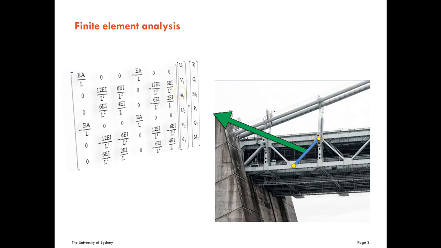In 3D, for each node, you are going to have 6 degrees of freedom, and the matrix is going to be 12 by 12. Before I forget, I need to include another variable in this stiffness matrix, that is I, the moment of inertia of the cross-section area.